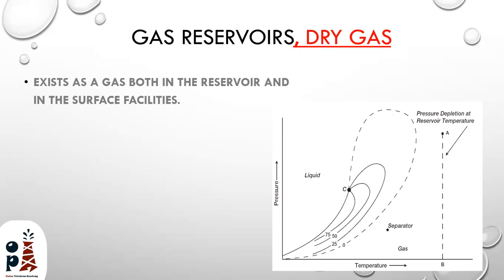So no liquid is formed from dry gas reservoirs. The GOR for a dry gas reservoir is more than 100,000 standard cubic feet per standard oil barrel. So it is a very, very low liquid content.